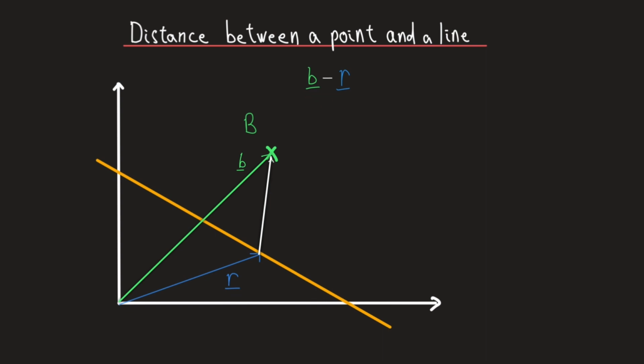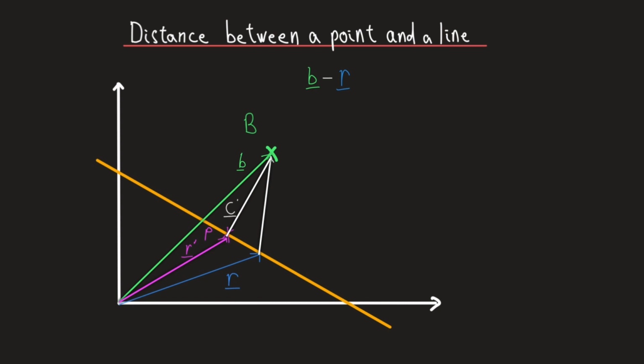To better understand what I mean, imagine if we have our point P here, such that the line joining point B and P is perpendicular to our orange line. Well, since our point P lies on our orange line, we have an associated position vector which we will call R prime. And what we realize is that the resulting difference vector will actually be parallel to the perpendicular line. So first, let's call the new difference vector C prime.